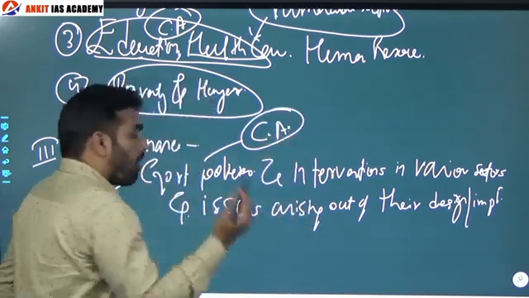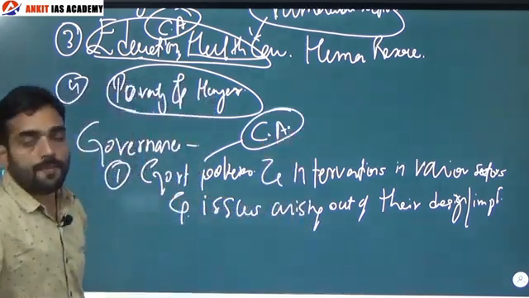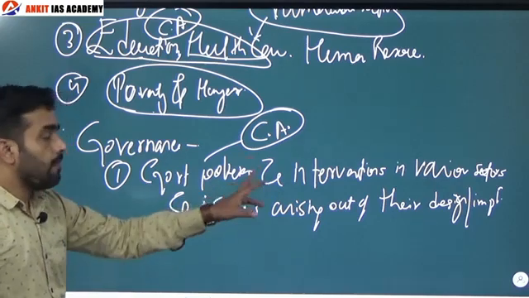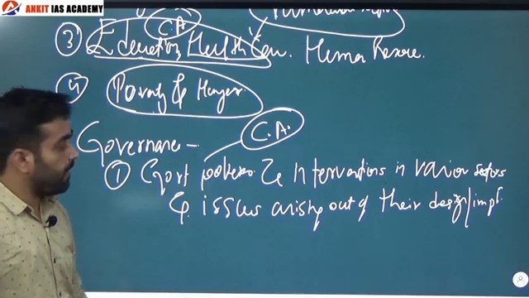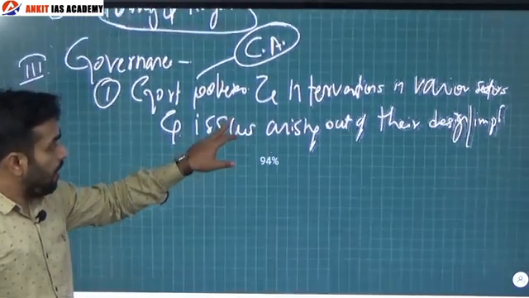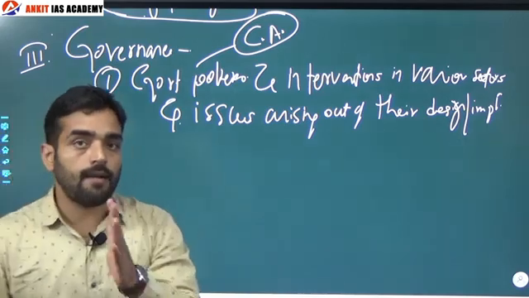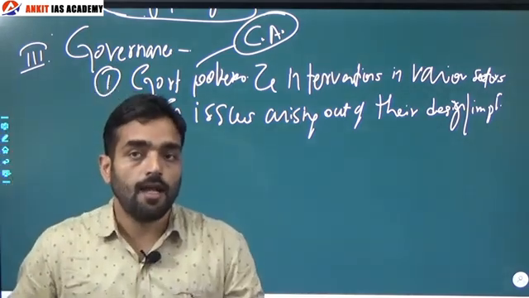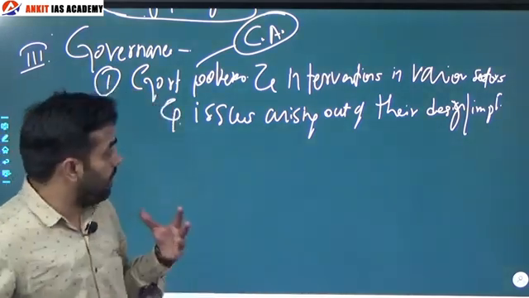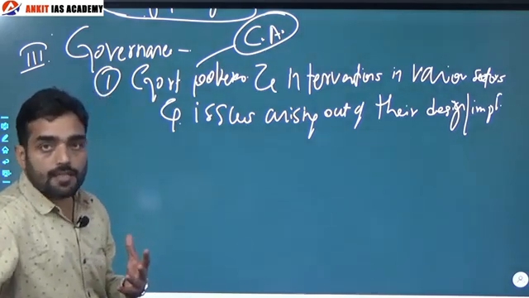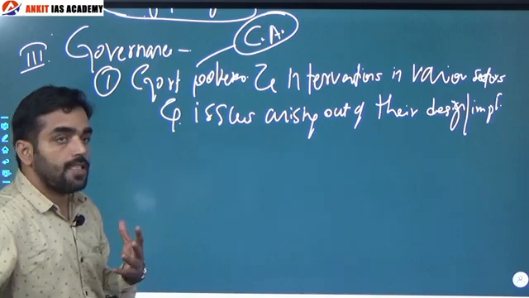So there are a plethora of government policies and programs, and there are many issues associated with them, but they will mostly come from current affairs part. Okay, and you will see that there is a similarity, there is a pattern in various government schemes. For example, let's say e-governance, Digital India.